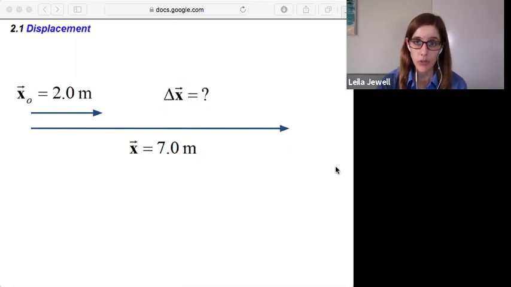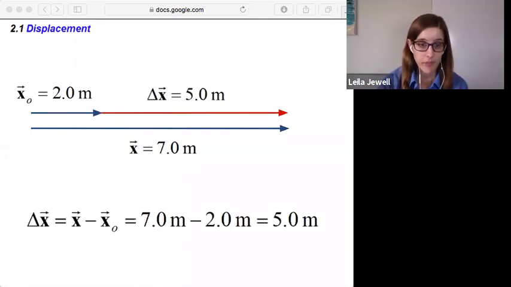We can do this 2 different ways. One is mathematically: we take our final x minus our initial, which is 7 minus 2, and that comes out to positive 5. The other way is to say, look, we started here, we ended up further to the right, so that means we are moving in the positive direction.